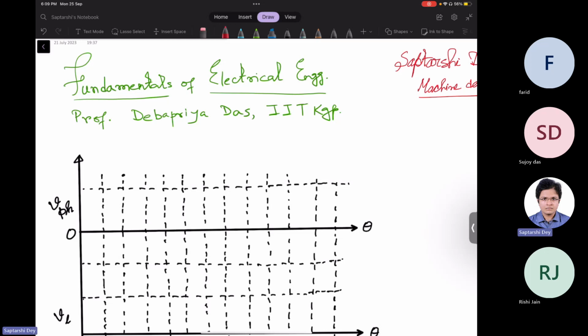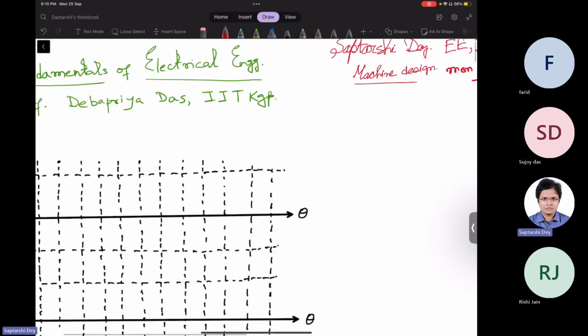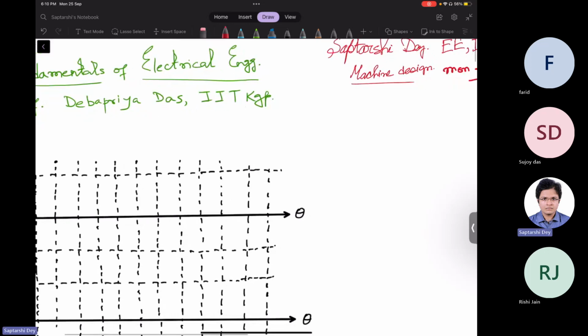All right. So today we will discuss a very important thing before going into solving the problems, that is how to draw three-phase waveforms. You see, all the turbine-based or all the generator-based electric power generation are three-phase.